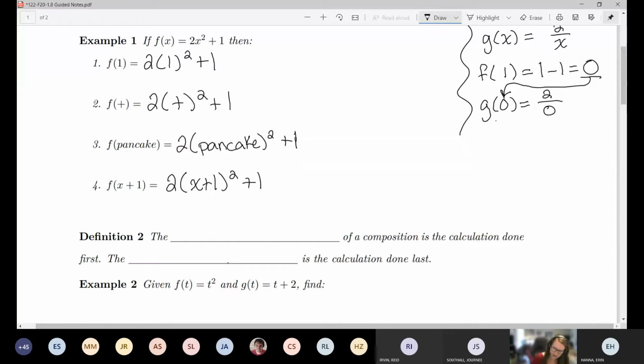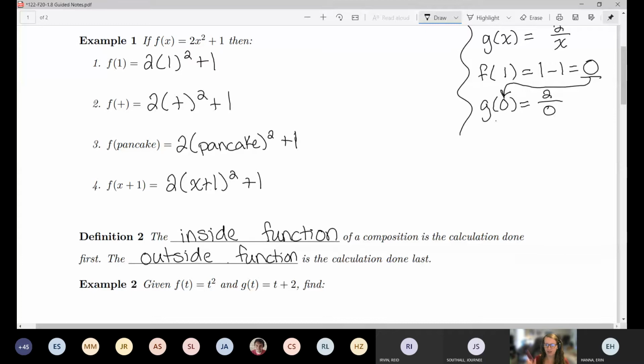So the inside function of a composition is the calculation done first, and the outside function is the calculation done last. Now, kind of the other way to think about it is here we have something that we're plugging into something else.